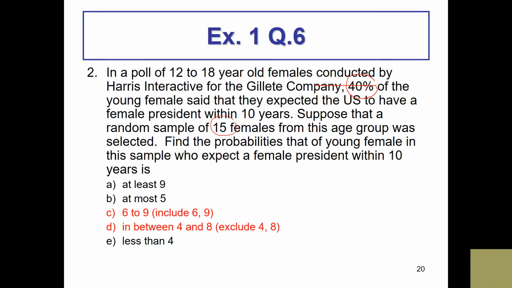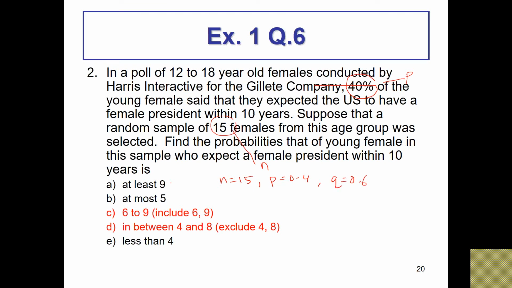So you have this 40% as your P. The statement is a bit long, but you need to know your N as well. Your N is 15, your P is 0.4, and of course your Q is 0.6.